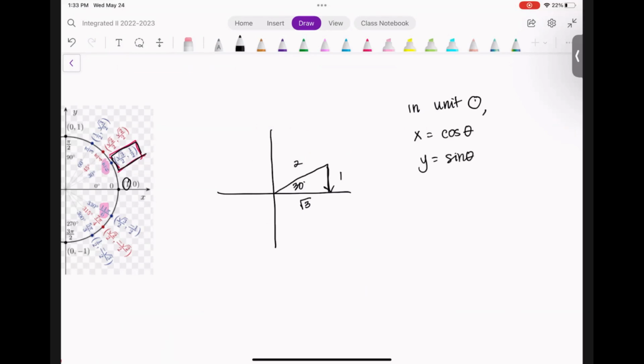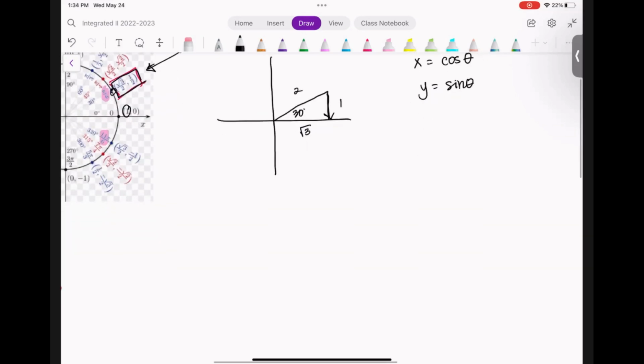So if I wanted to know what this coordinate is for 60 degrees or for 30 degrees, I just have to find the cosine and put it in for x and find the sine and put it in for y. We're not going to practice this one because I want to show you one more. If I said, hey, you guys, can you graph for me 5 pi/4? Where's 5 pi/4? Go ahead and put your best guess on 5 pi/4.